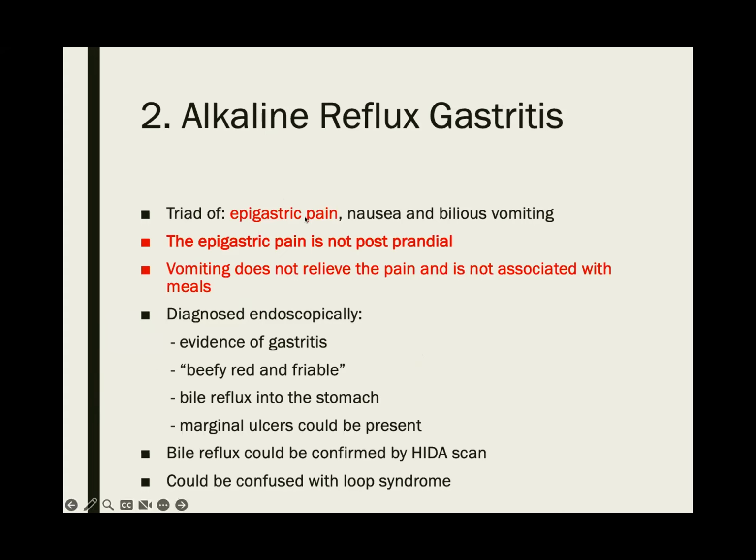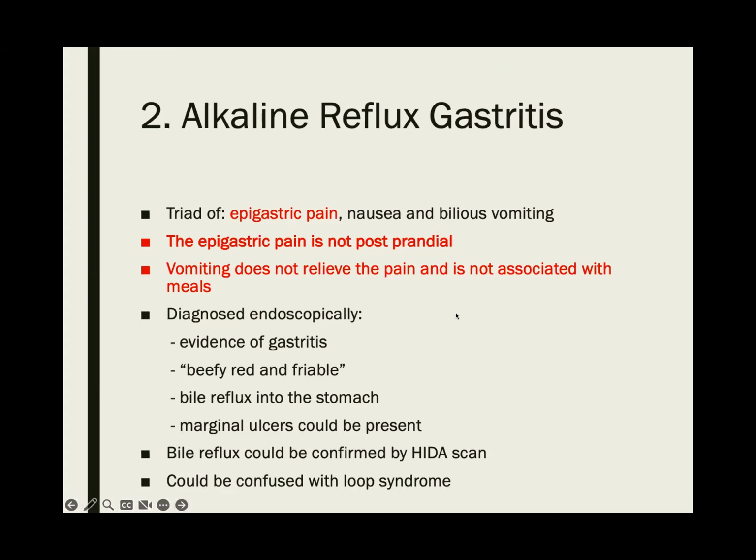So we have also another complication, which is the alkaline reflux gastritis. So from the name, it's the alkaline juice or the alkaline products of the small intestines going through the stomach and causing inflammation.